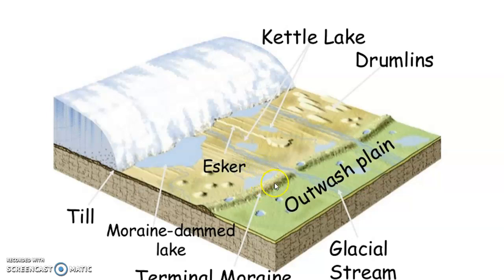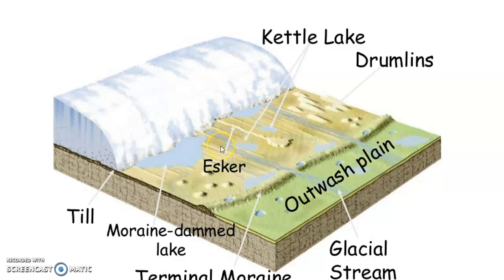The area between the terminal moraine and the glacier, we have the ground moraine down below. We have features called kettle lakes, and we'll look at these more specifically, but a kettle lake is basically a lake that formed from a large block of ice, and that large block of ice basically sank in the ground and melted. Imagine an ice cube in sand, and eventually that ice melted and formed a lake.